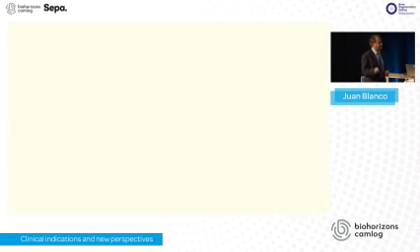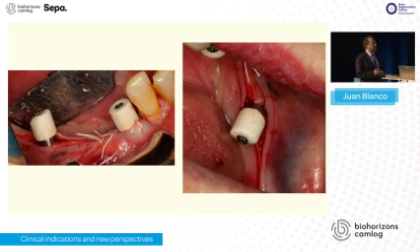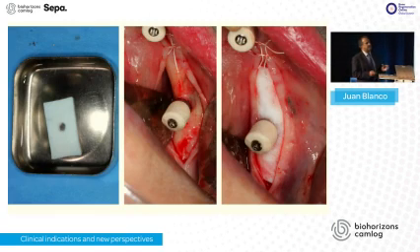Another application where we can use these matrices is clearly, and this was mentioned also by Professor Testori, when we have thin mucosa and little keratinized mucosa. So in this case, very easily, we can place a membrane in this way.